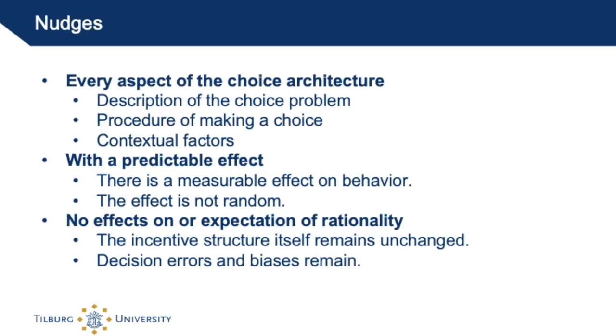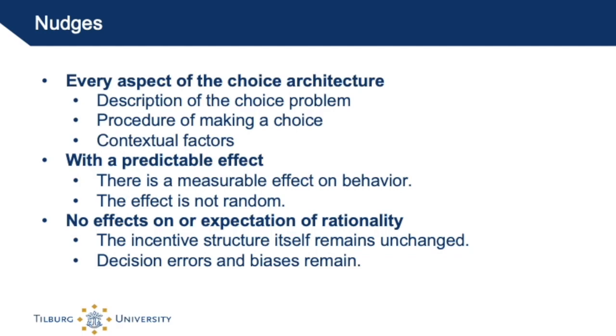So this also means that the decision errors and biases that people show actually stay the same. And instead, we might say that nudges leverage these sometimes and produce a desirable behavior because of using decision errors and biases, or at least by taking them into account.